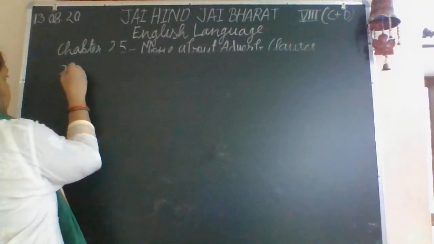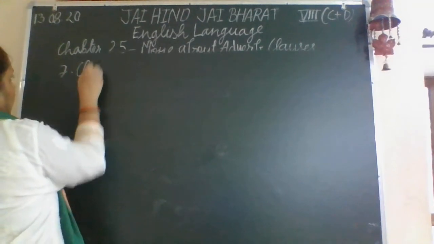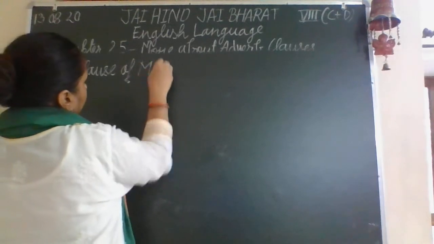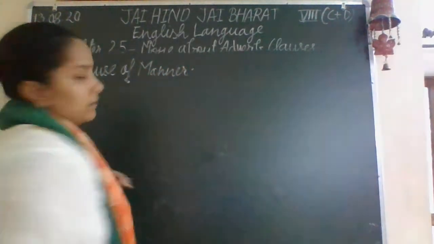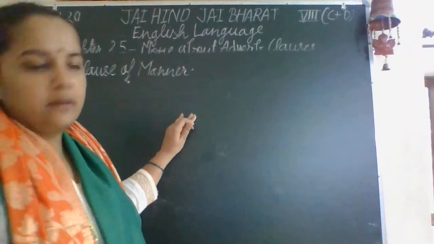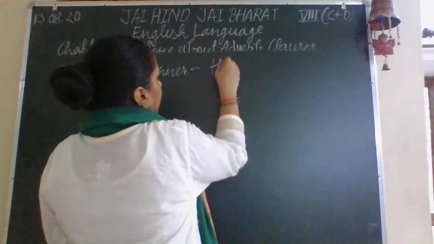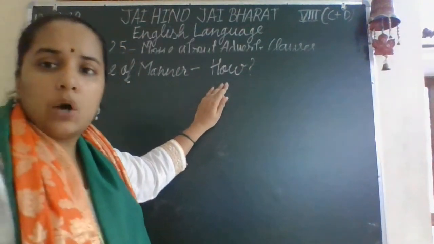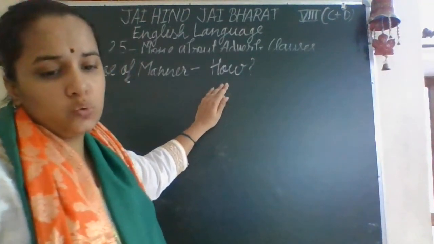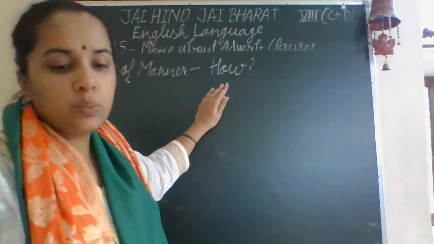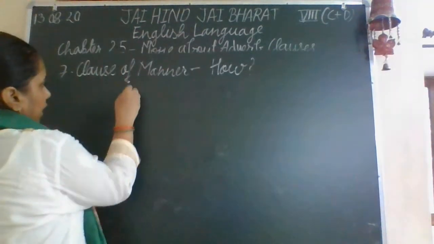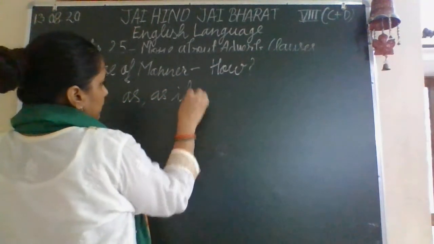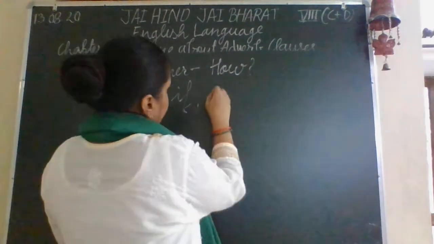The seventh one is clause of manner. In the clause of manner, the question will be how. And for answering this how, the sentence will begin with as, as if, or as though.